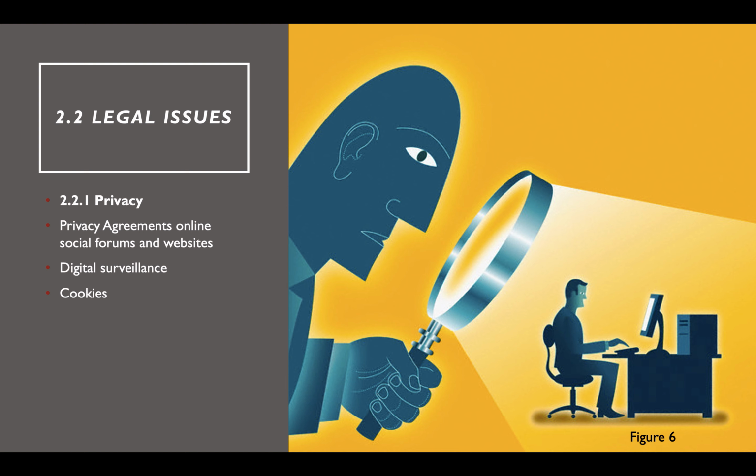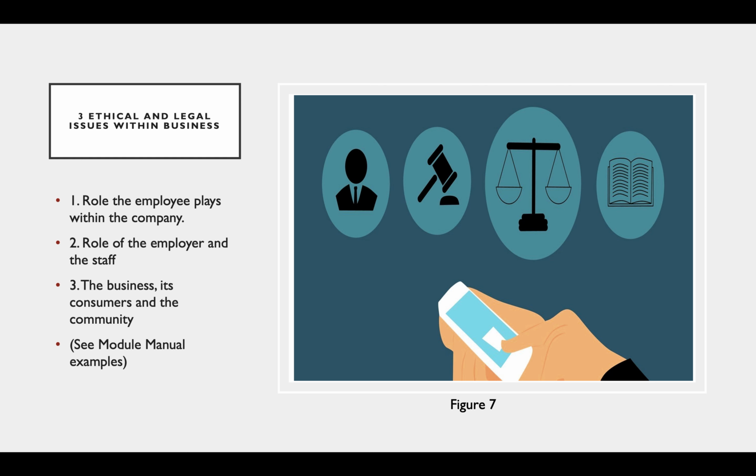And the next section that I'm going to be looking at now is the ethical and legal issues within businesses. So we have some ethical and legal issues that can occur between an employee and the company, such as the employee's legal responsibilities towards the company in terms of protecting the company's digital technology, the content that's on there.